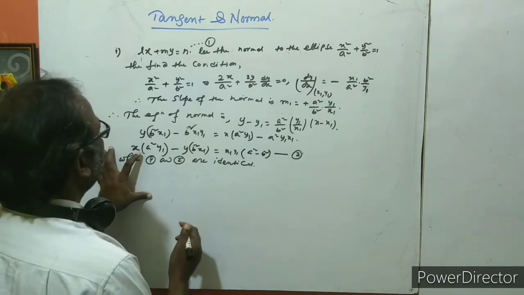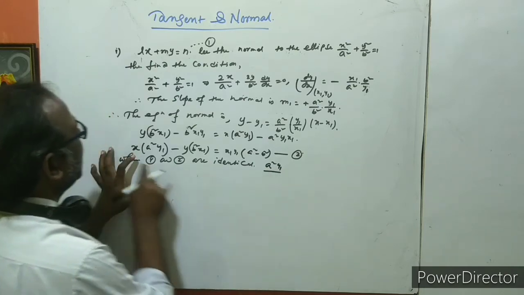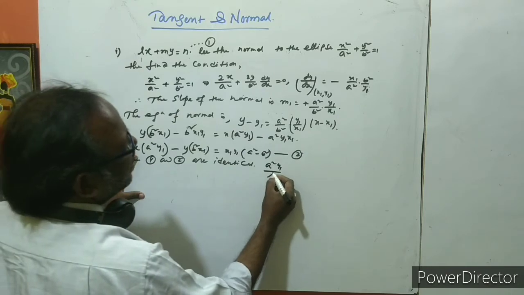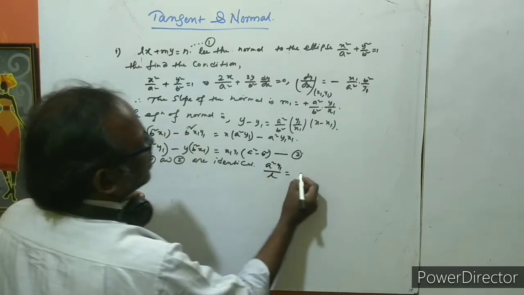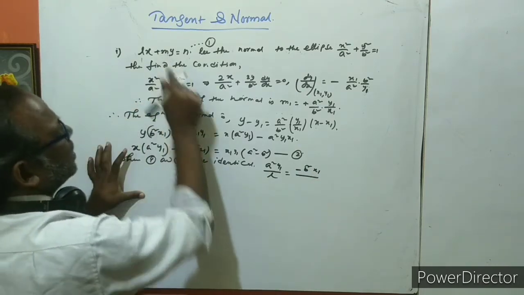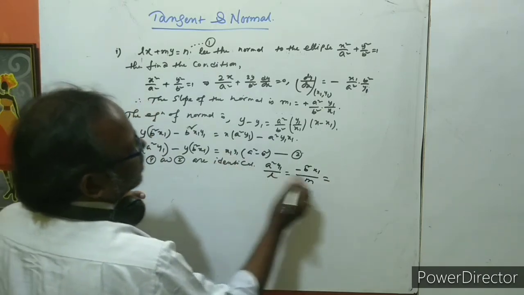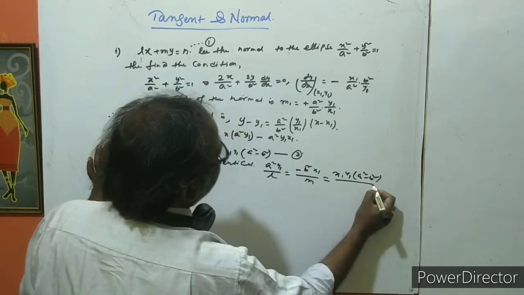So for that, the coefficient of x here is a square y1, and the coefficient of x here is this, and here is z, same as the previous point. Minus b square x1 by this is m, again use this first, so x1 y1 a square minus b square.